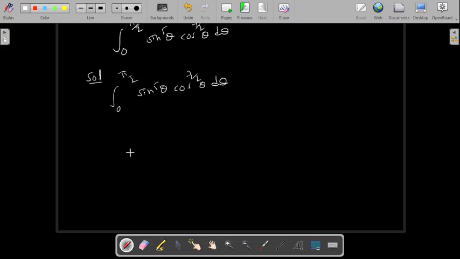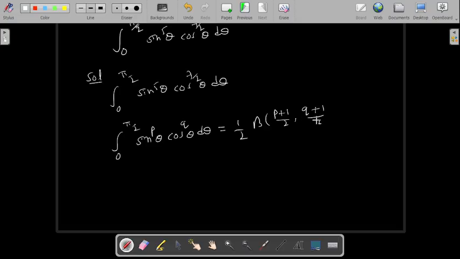To evaluate this, you can use this formula: the integral from 0 to pi by 2 of sin power p theta cos power q theta d theta equals 1 by 2 beta of (p plus 1) by 2 comma (q plus 1) by 2. Now can anybody say what is p value?